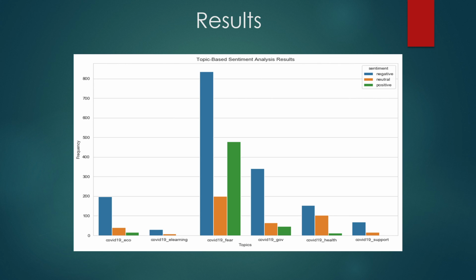The same for the COVID-19 and government topic, where more than 300 sentiments were negative. So it is obvious that COVID-19 affected all aspects of life in Morocco.